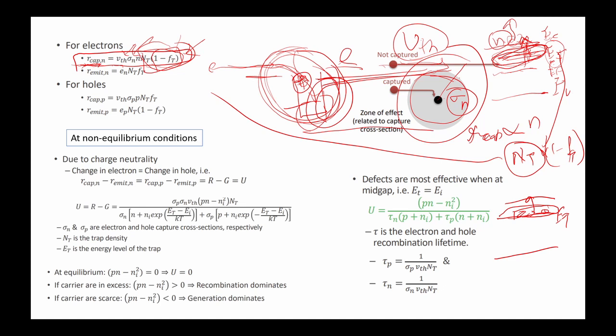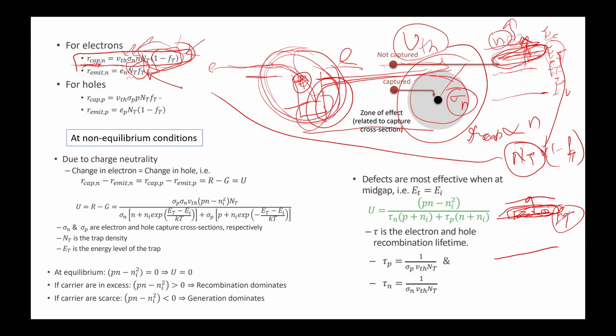Okay, and ft is the probability of finding the electron here. The ft is nothing but the Fermi-Dirac distribution. Okay, nt is the density of states, ft is the probability of finding the electron, and if we multiply both of these, this is the density of the electrons which are occupied at the ET.